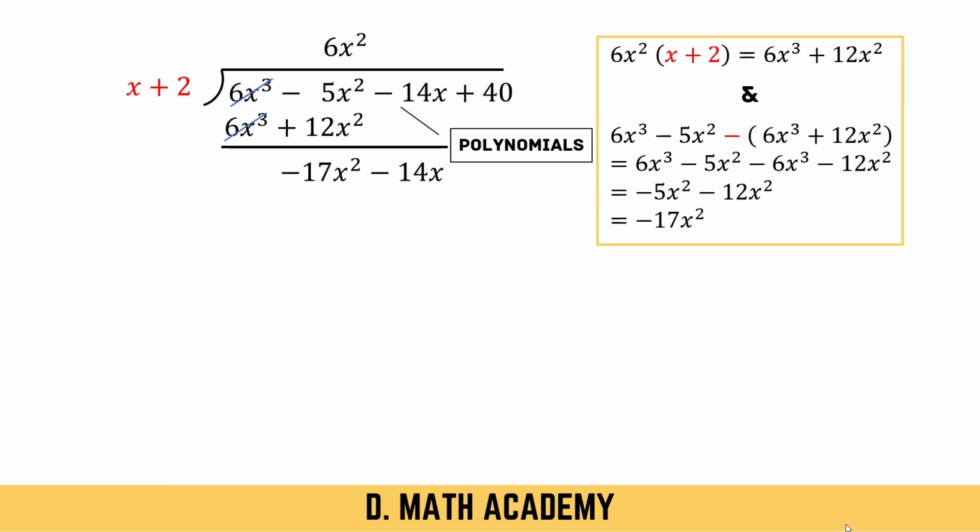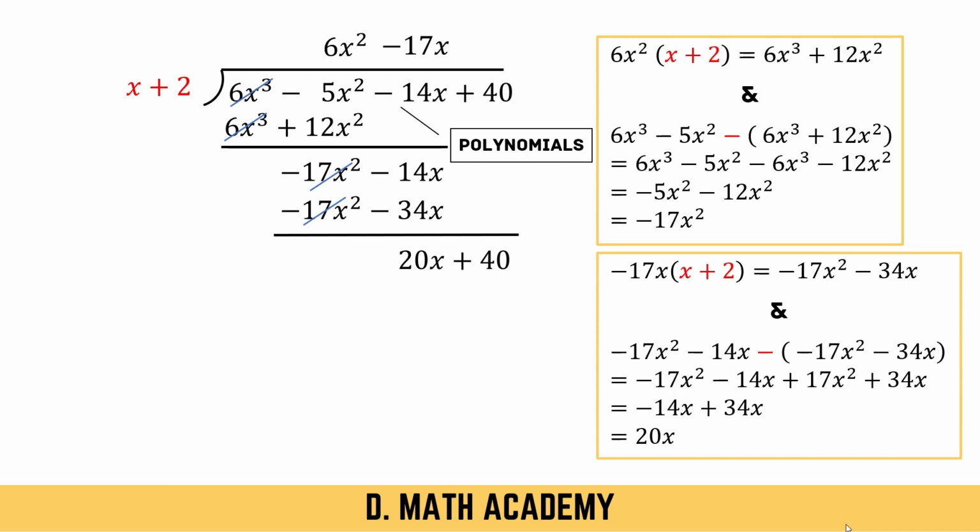Now our objective is to get rid of the negative 17x squared. Immediately I noticed that when negative 17x multiplies with x plus 2, you get negative 17x squared minus 34x, and the balance will be 20x, and then I bring down the 40.